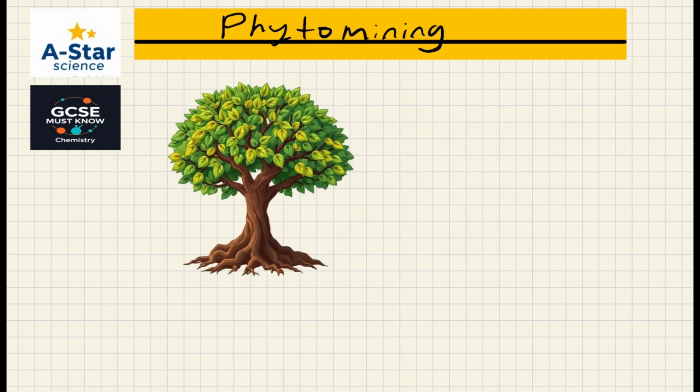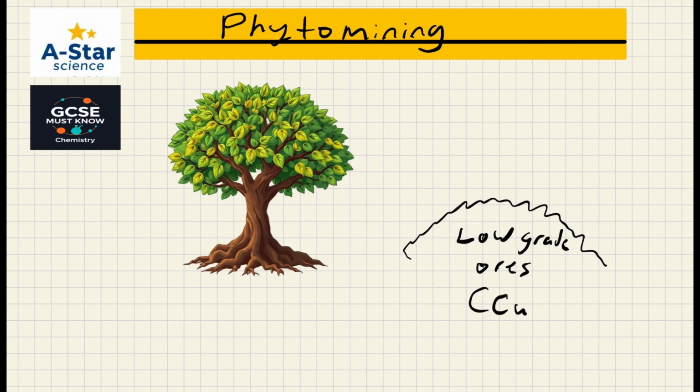So phytomining, the word phyto, as is pretty clear, refers to plants, and obviously the word mining refers to extracting of valuable minerals such as metals. So phytomining is the use of plants to extract these metals, particularly from what we call low-grade ores. So if we have some ore, which is basically rocks containing the minerals, let's say copper oxide, and it's a low grade ore, it doesn't contain much of those minerals, okay?